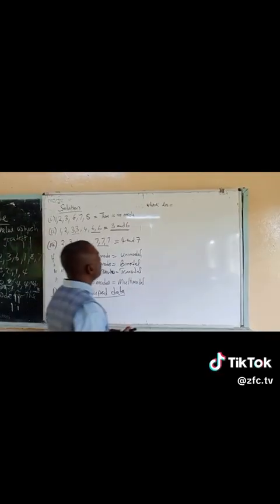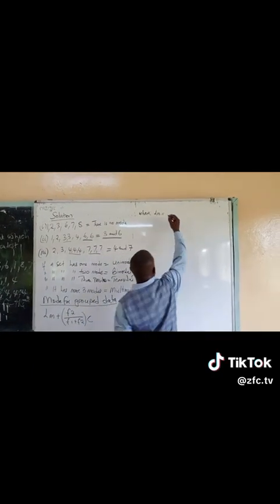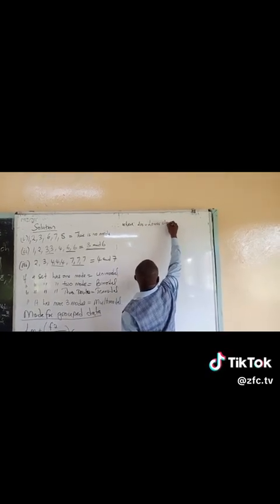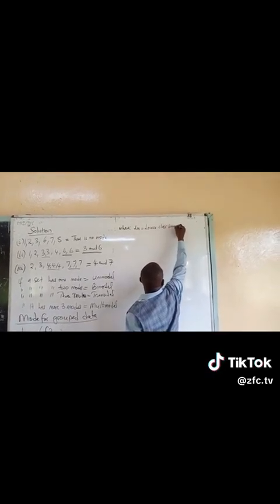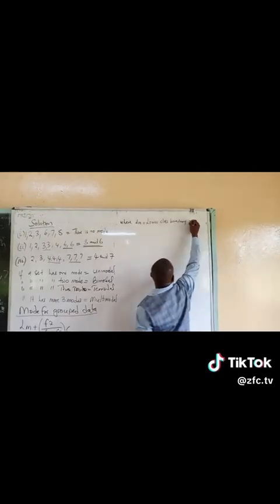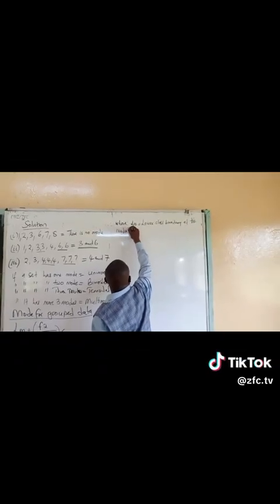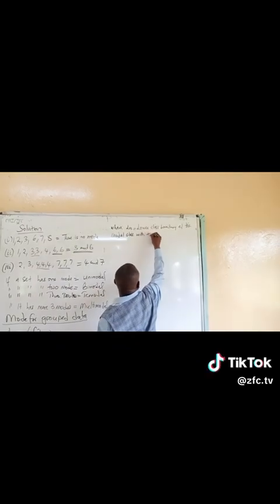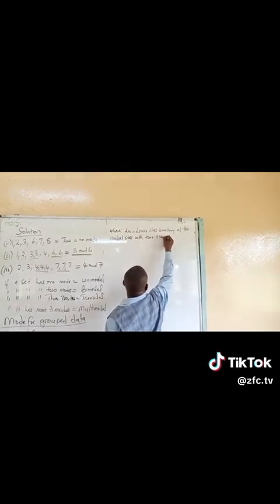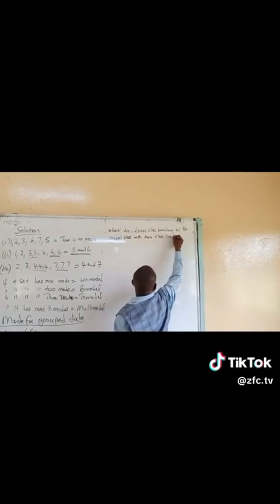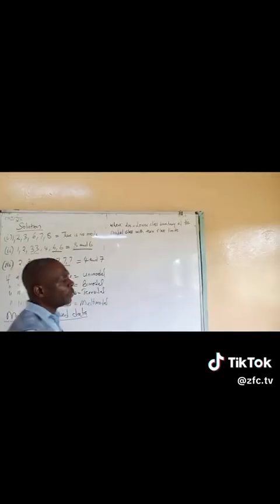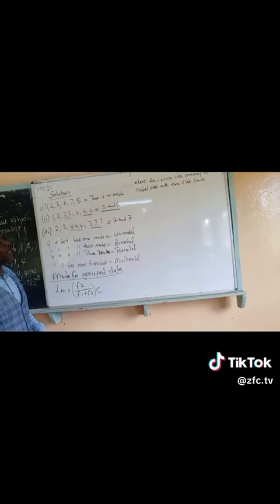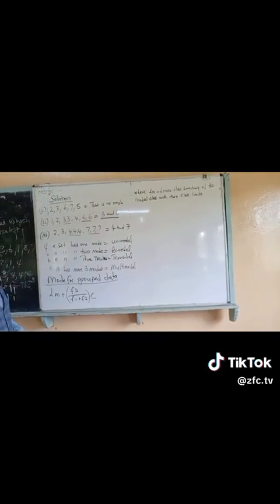So the LM is the lower class boundary of the modal class with 2 class limits. I'll explain this when we go into the example.